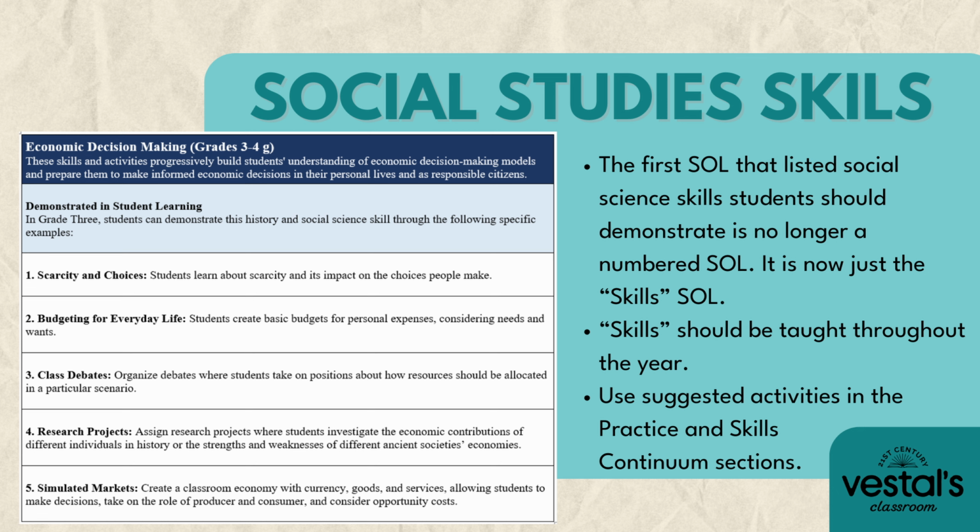And then as you look here, it can show you exactly how you can implement this skill throughout the year. So you see lots of examples right here, and it will also help you connect it back to specific SOLs and units so that you know how to cover this skill. So there's the two places that you can go to look for ideas in the instructional guide as you're thinking about how to teach these skills this school year.